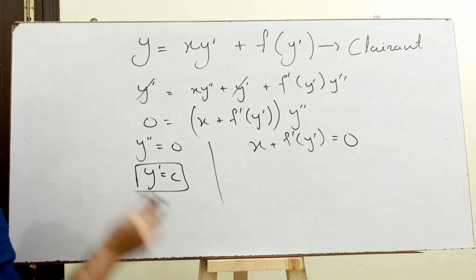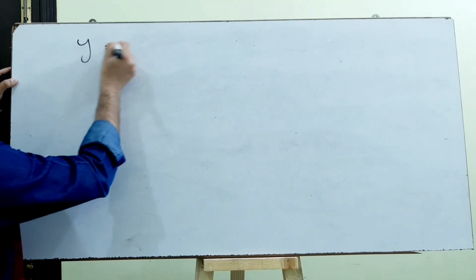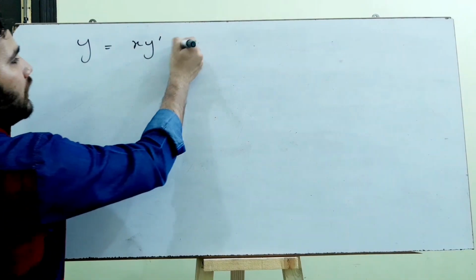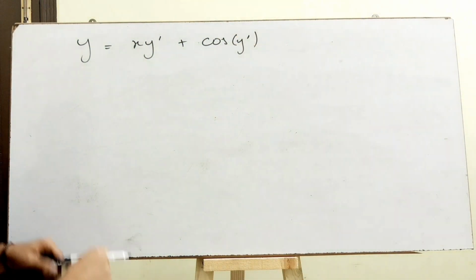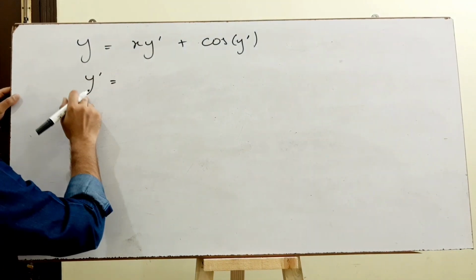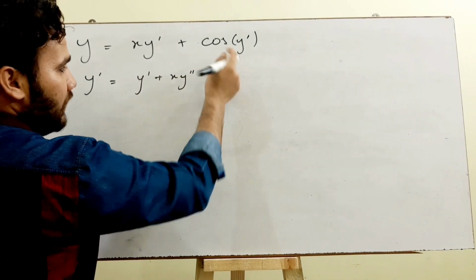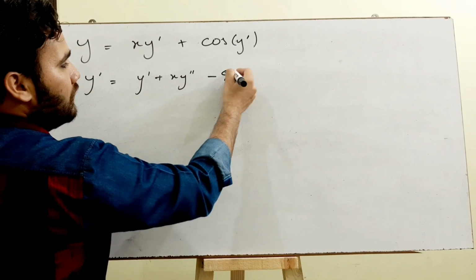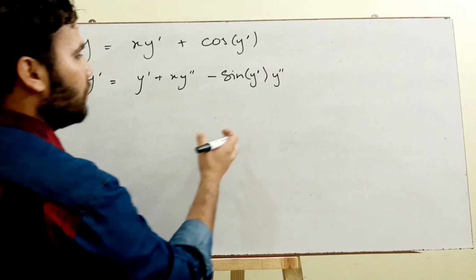So we have one example. Let's see that. The example is y equals x y prime plus cosine of y prime. From the general procedure, we know we should first take the derivative with respect to x, that is y prime plus x y double prime minus sine y prime times y double prime.